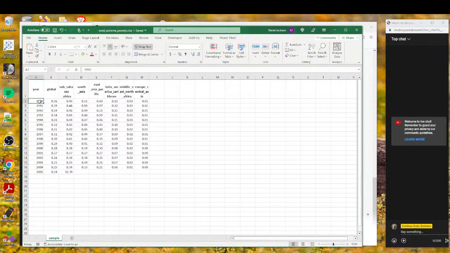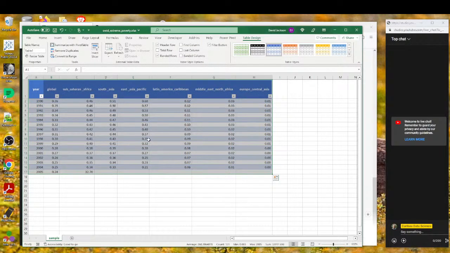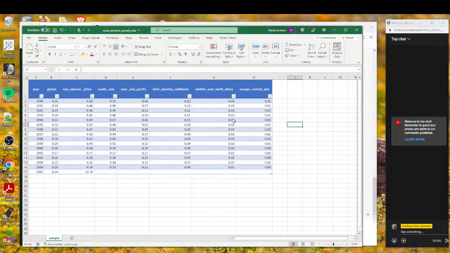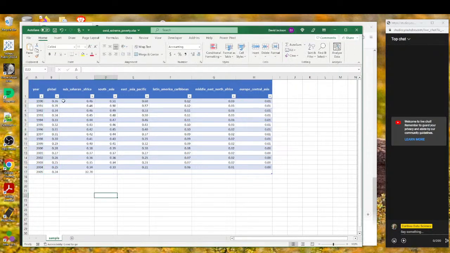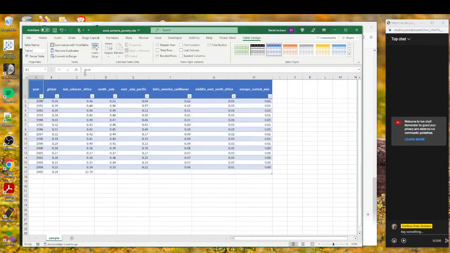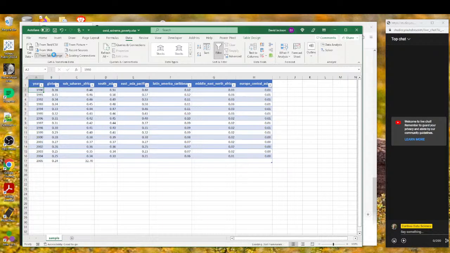Let's create a table. Very nice table. There. Okay. And what happens if you came over here? You did data from table range.